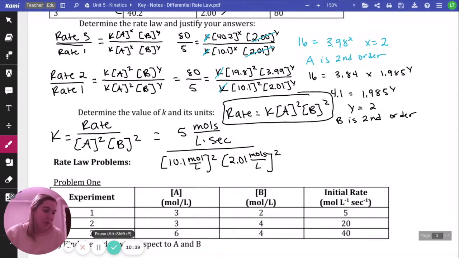After we plug it all in, we're going to simplify down. I'm going to square out everything.